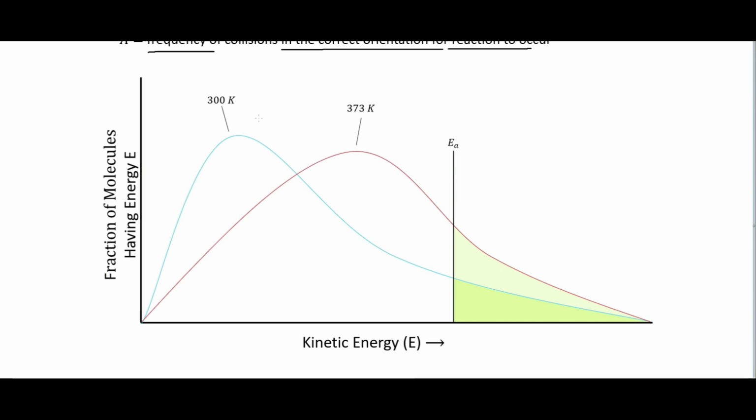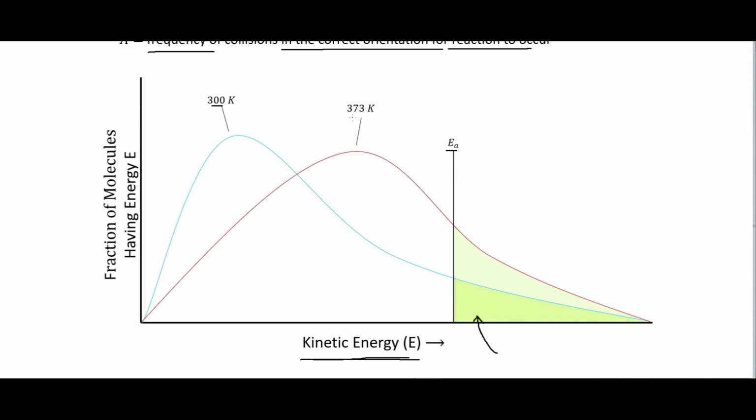So we can look at this. This is looking at the fraction of molecules having the correct energy as a function of the kinetic energy. The area under these two curves is the total number of molecules in our system. At 300 Kelvin, the area is the area under the blue curve, and this is our activation energy, and this darker green is the proportion of molecules that are at the correct kinetic energy in order to react.